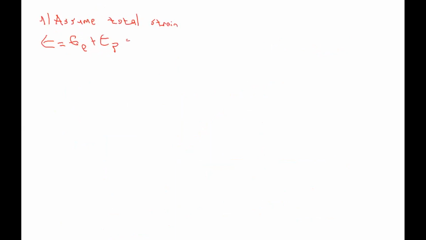Then if you take the derivative of both sides, you will get dε, the total strain derivative, equal to the elastic strain derivative plus d plastic strain, which is equal to the initial strain rate times dt. This is elastic, and this is plastic strain.